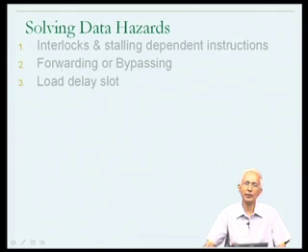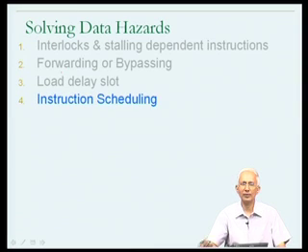A nicer idea was forwarding or bypassing, where a result could be provided from wherever it was available in the processor, such as the ALU output, to wherever it is needed in the processor, such as the ALU input, making it unnecessary for the instructions to communicate data from producer to consumer through a register. It gets bypassed or short-circuited from the point of production to the point of consumption. And the idea of the load delay slot, where the problem of the data hazard is just transferred to the programmer.